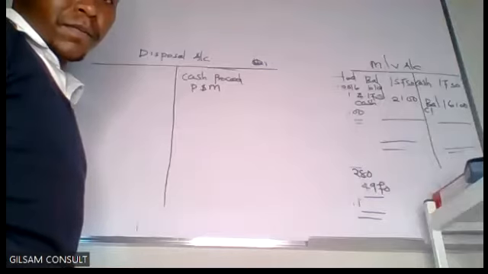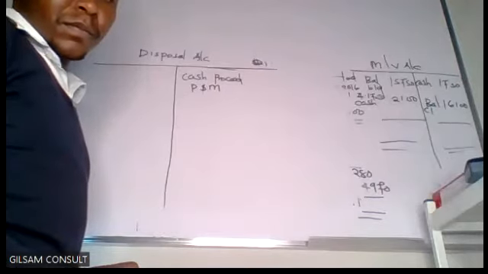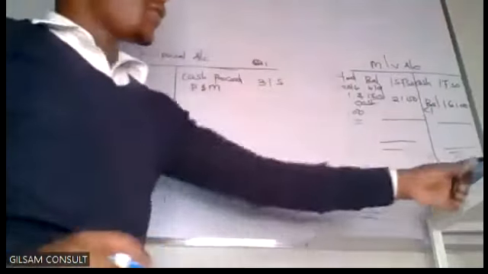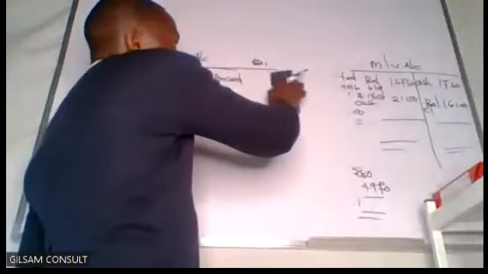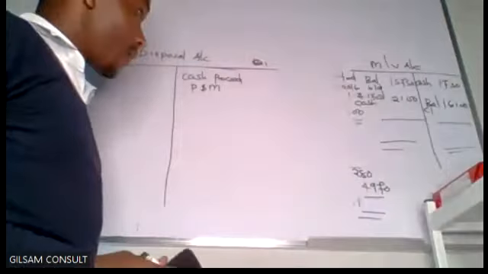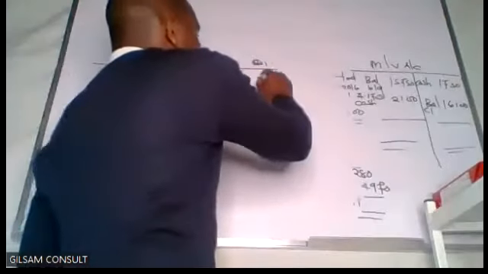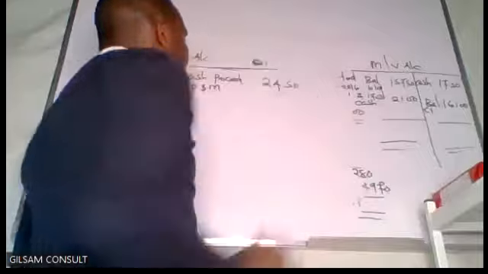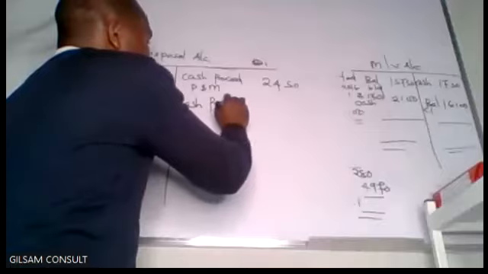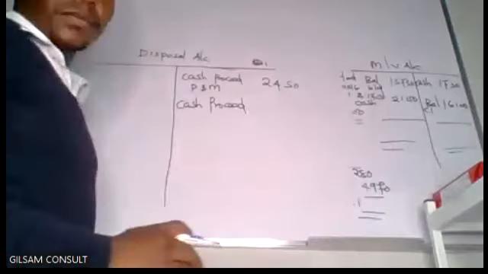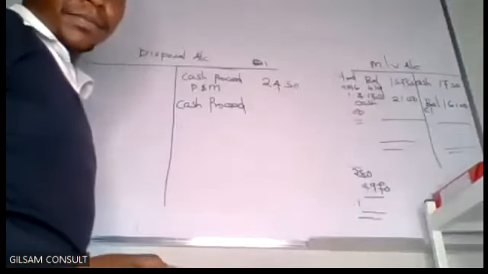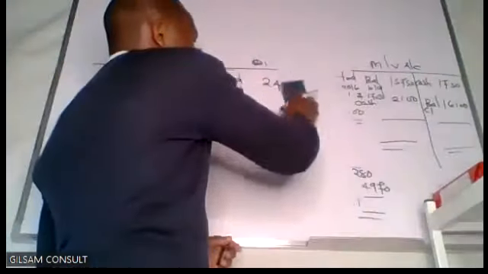At how much? I need the sales proceeds, not the cost. It was 2450. Then the next cash proceed, what else did we sell? 2415.